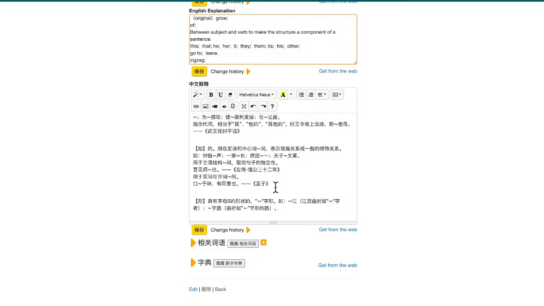And also here's another usage, that means between a, not subject, I'm sorry, between a noun and a 形容词. What is 形容词?